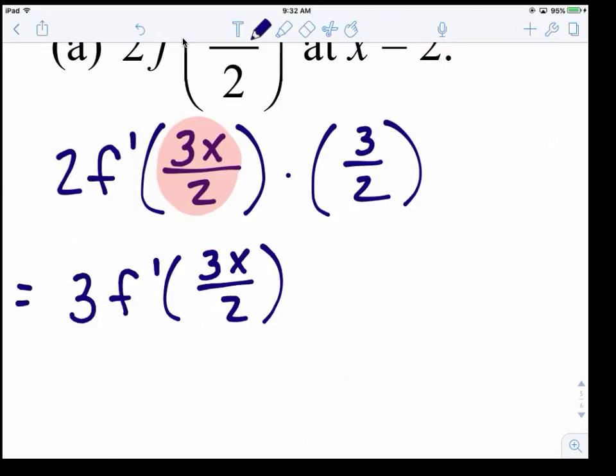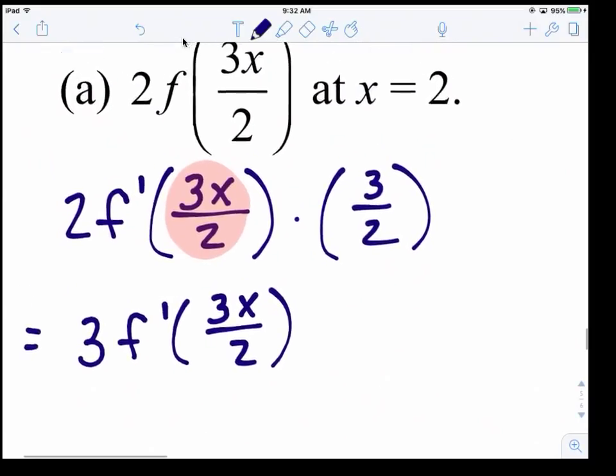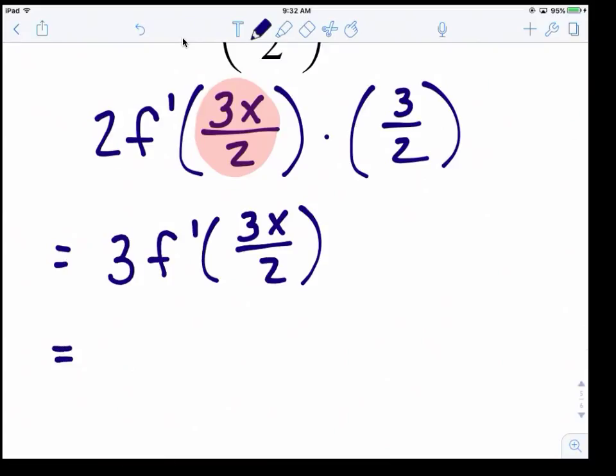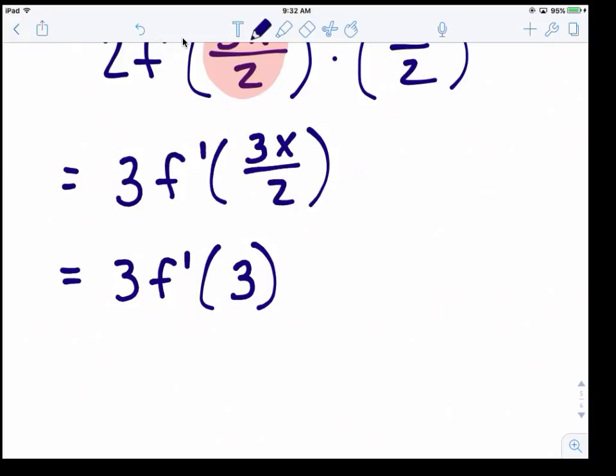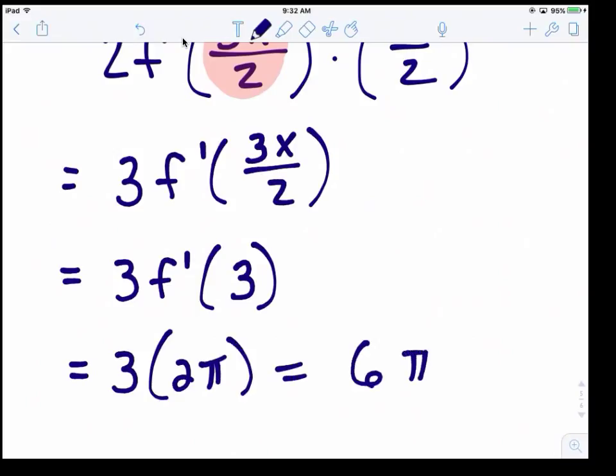Now they're asking us to evaluate it at x equals 2. So you have 3 f prime, 3 times 2 would give me 6, 6 divided by 2 is 3. So f prime of 3 is what? 2 pi. So you have 3 times 2 pi, which is 6 pi.